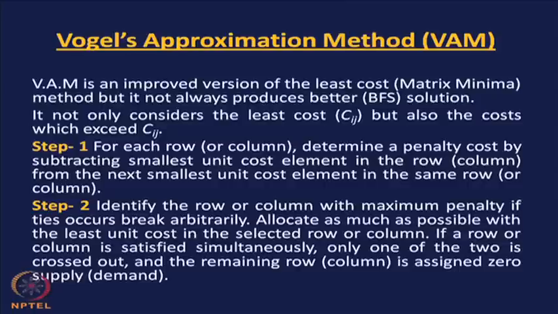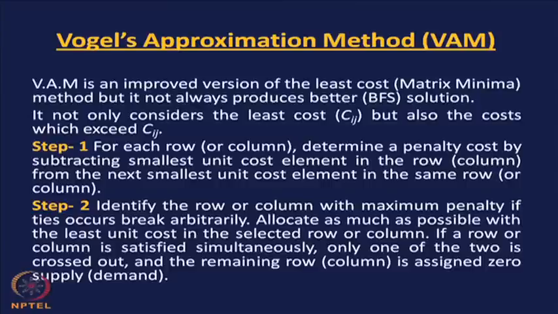Depending upon the availability or demand, you allocate as much as possible on the selected row or column. It may happen that the row or column's availability or demand is not fully satisfied, then on the other cells you can go on along the same row or column.